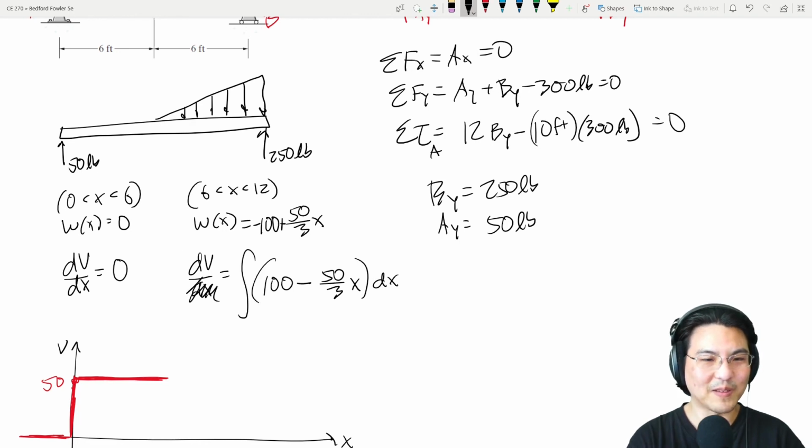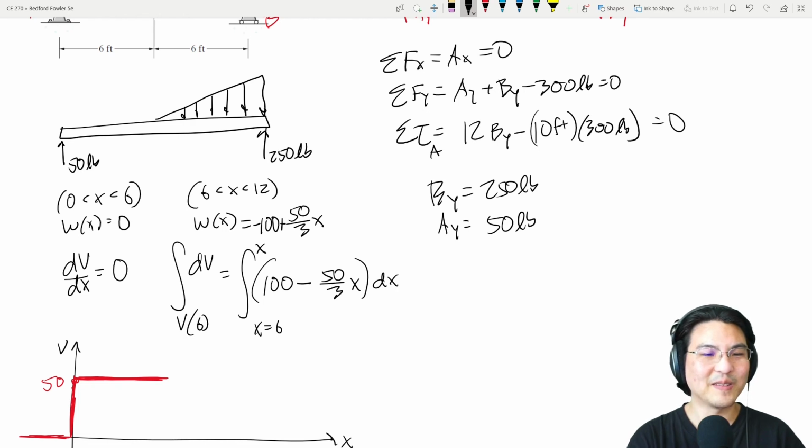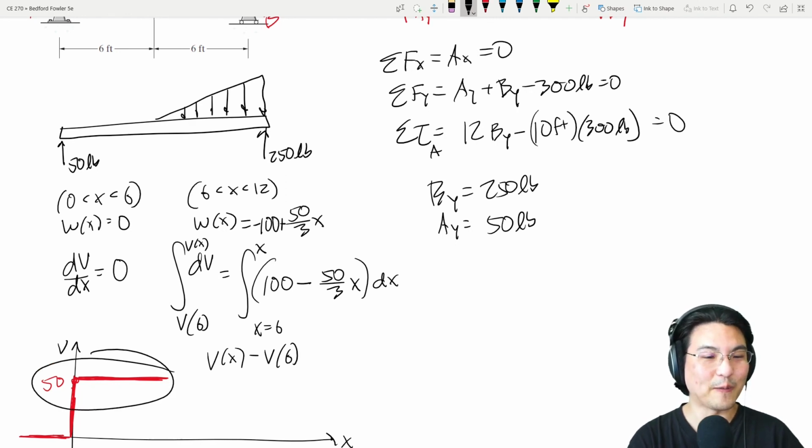And then we can integrate both sides from where to where? From x equals 6 to some other x that's between 6 and 12. V at x equal to 6 to some other V. So what do we have here? V of x minus V at x equal to 6, which we just said was 50.